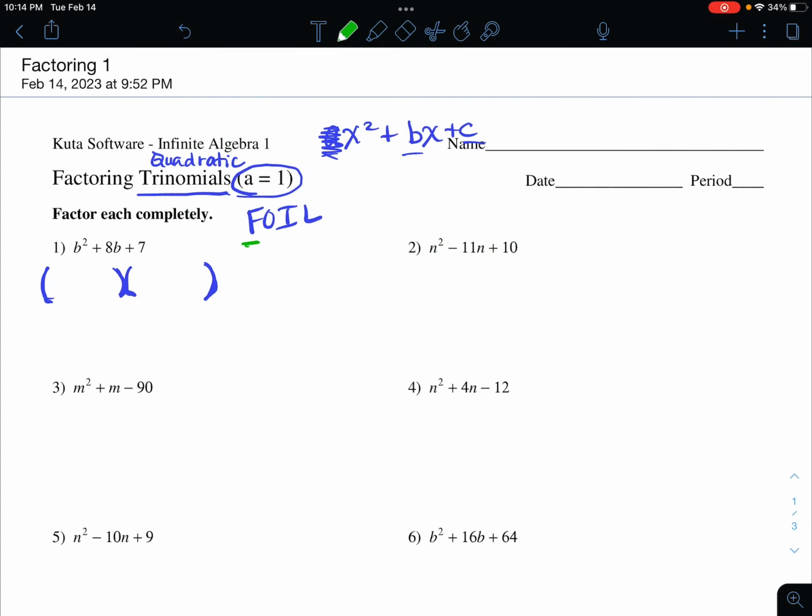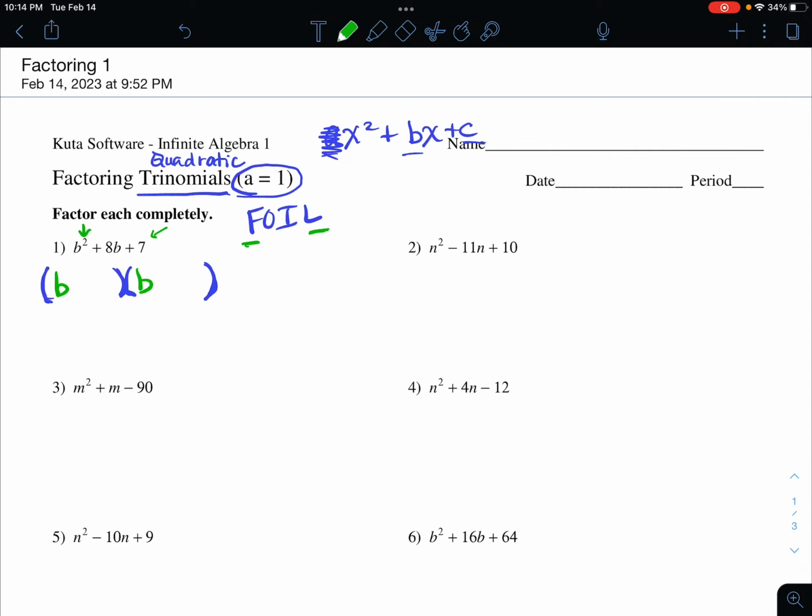So remember, when we multiplied the first times the first, that gave me that first term. Well, I know if I have a b and a b, that's going to give me b squared. And the same thing with the last. In order to get the last, which would be this number right here, I would have to do something times something is 7.